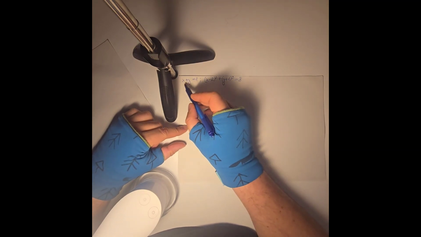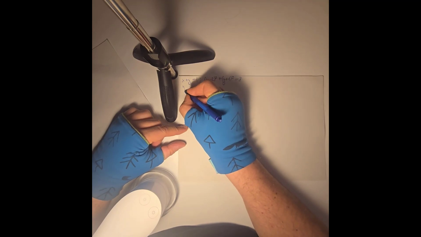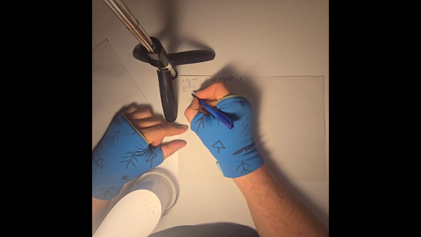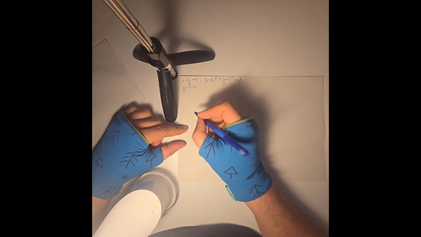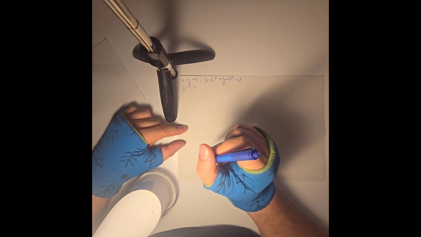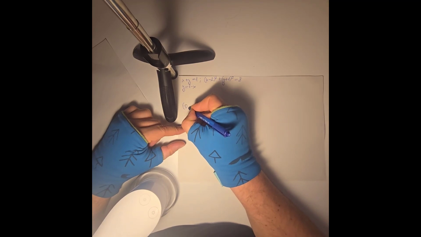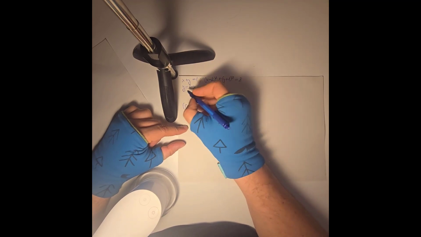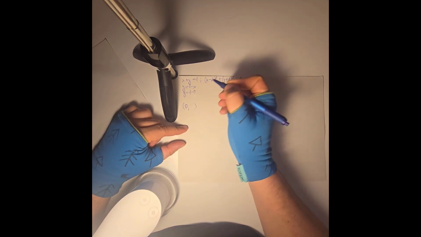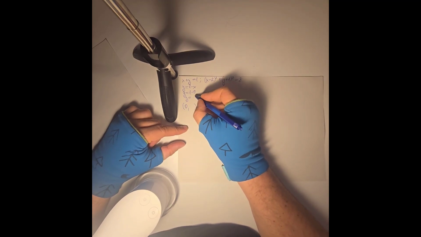So first we'll start with x plus y equals 1. What can we do here? We can rearrange it and say y equals 1 minus x. Now we need two different points. Point number 1: let's see what happens when x is 0. How much is y? y equals 1 minus 0, so obviously y equals 1.